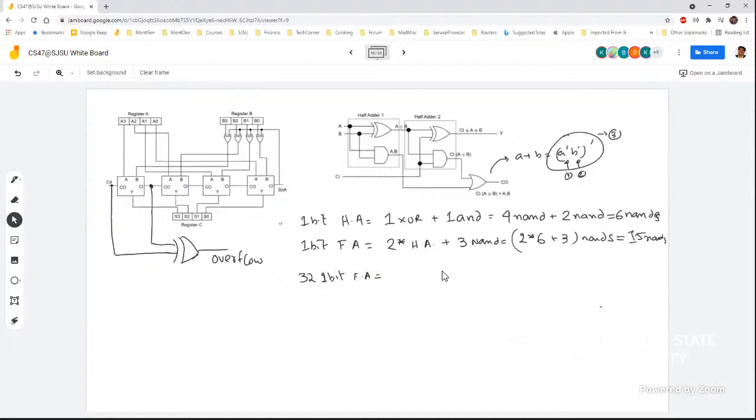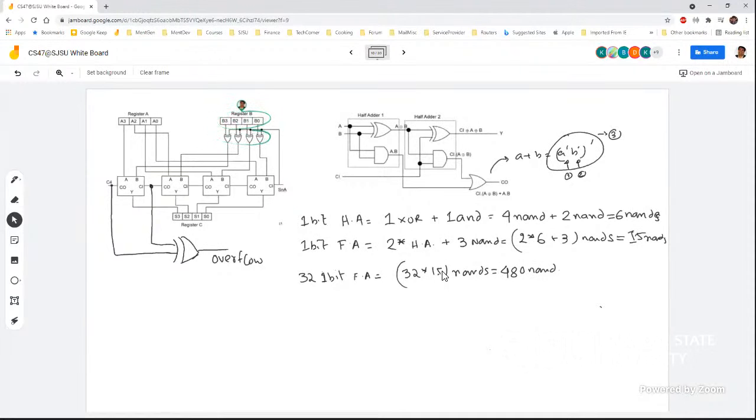That's basically 32 multiplied by 15 NANDs, which is 480 NANDs.